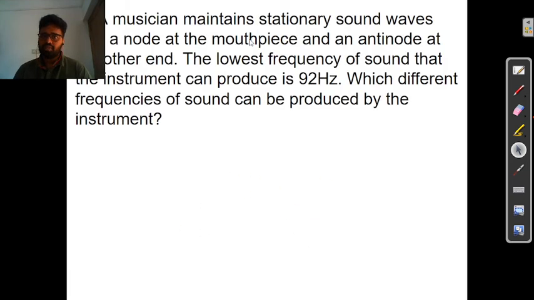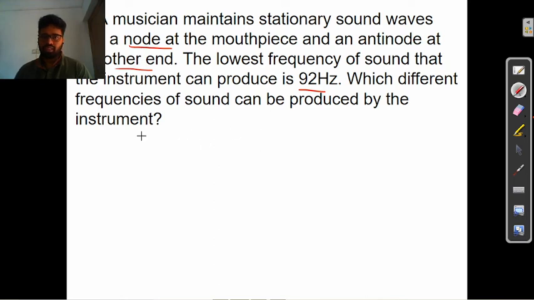So a musician maintains a stationary sound wave with a node at the mouthpiece. So you have a node at the mouthpiece and an antinode at the other end. The lowest frequency of sound the instrument can produce is 92 Hz. Which different frequencies of sound can be produced by the instrument?